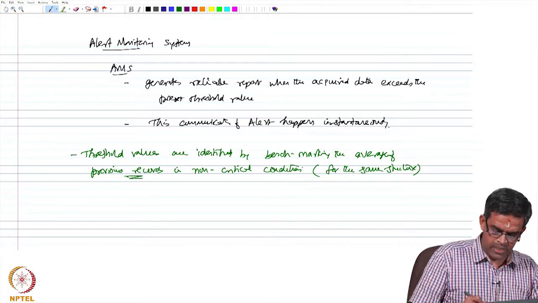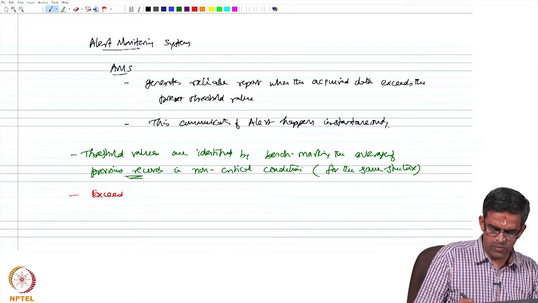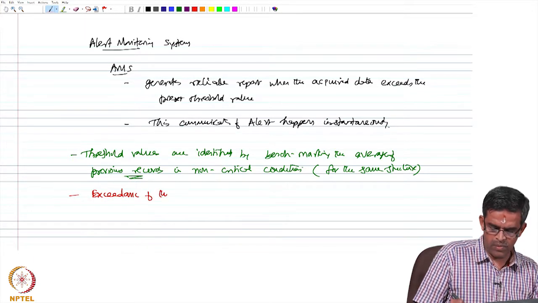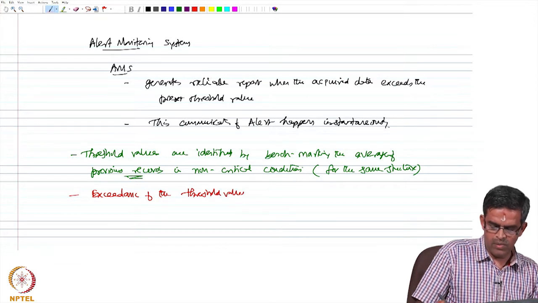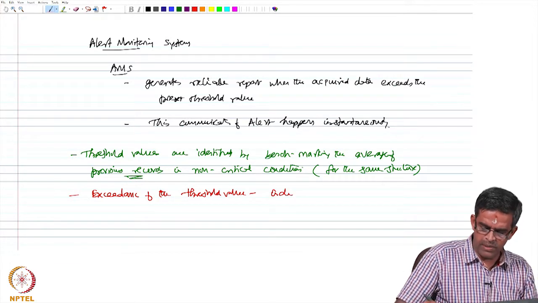Now, exceedance of threshold value is an indicator of damage.